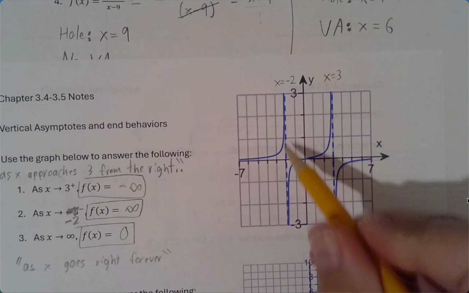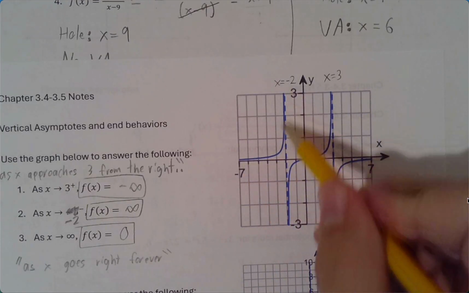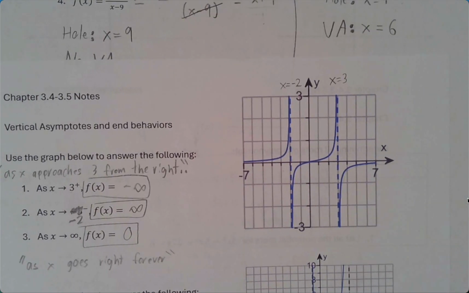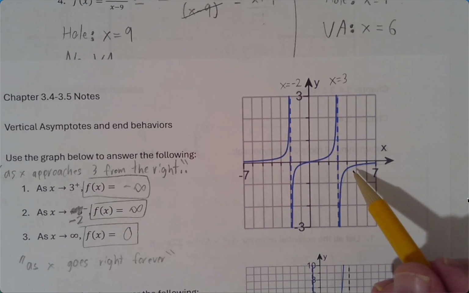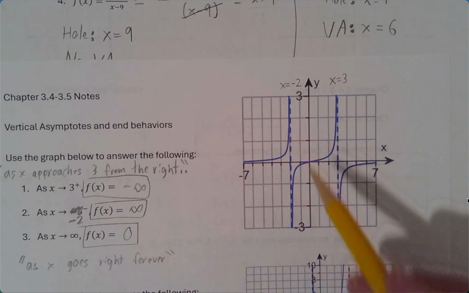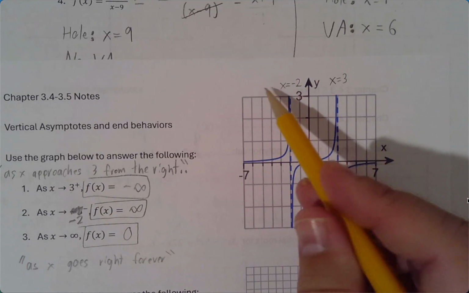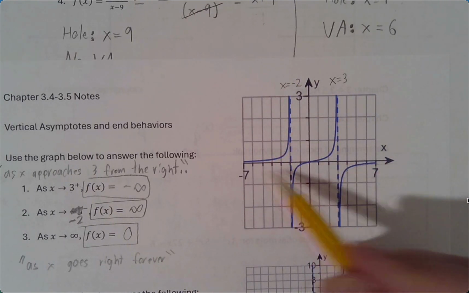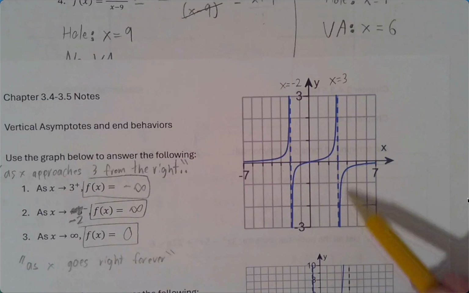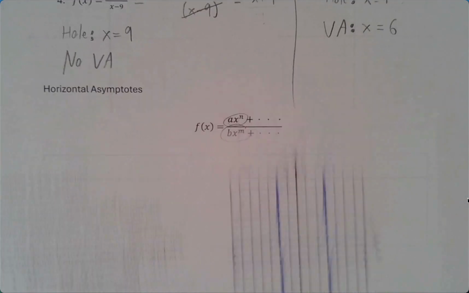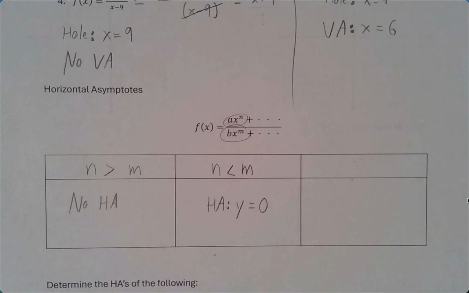I don't know what the algebra is that made this graph, but what I do know is that the algebra's top exponent was less than the algebra's bottom exponent, because I can see a horizontal asymptote hugging towards 0 from both sides. So that must have been that scenario.